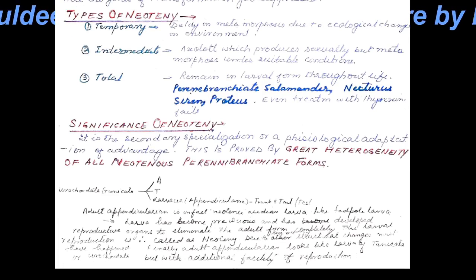If we see salamanders in their ecological habitat, we find a great heterogeneity is expressed by all the neotenous perennibranchiate forms. This proves that neoteny is a secondary specialization or a physiological adaptation of great advantage.